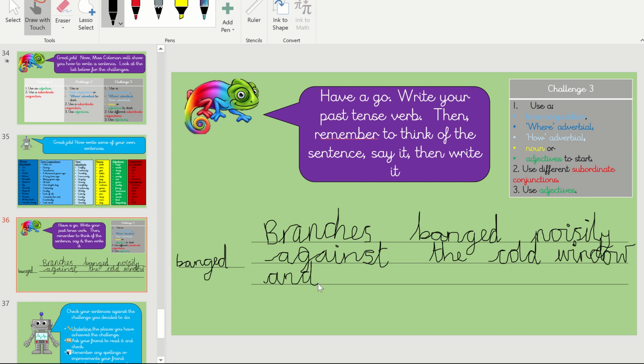And I'm going to put ferocious wind. We've used the word ferocious, means violent. Ferocious. Tricky word. Oh, it looks like I needed more lines. Wind. Oh, brilliant. I've got another adjective in there. It's okay to change your sentence as you go along, or if you check it at the end.